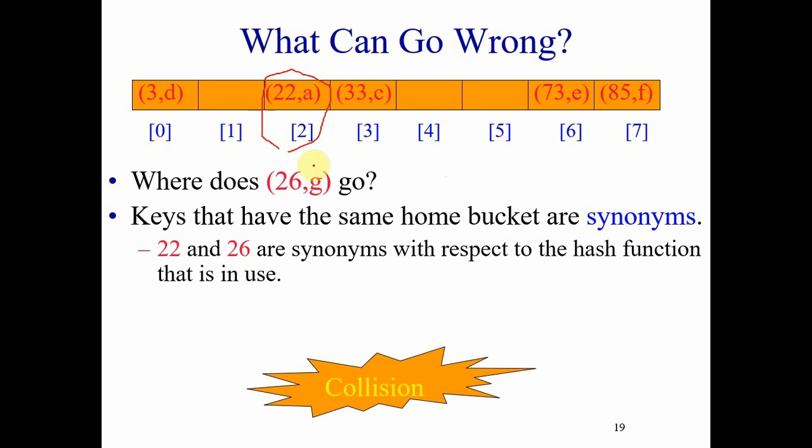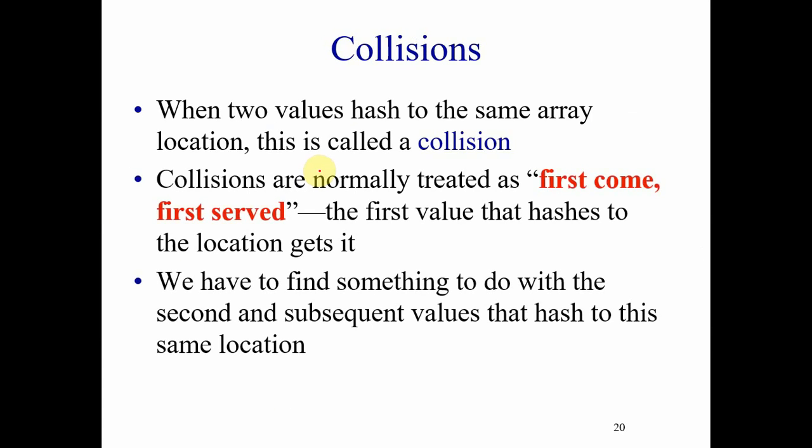Therefore, 22 is already placed in the location for 2, it occupies this location, and it is not replaced by the newcomer 26. So we have to find something to do with the second and subsequent values that hash to this same location.